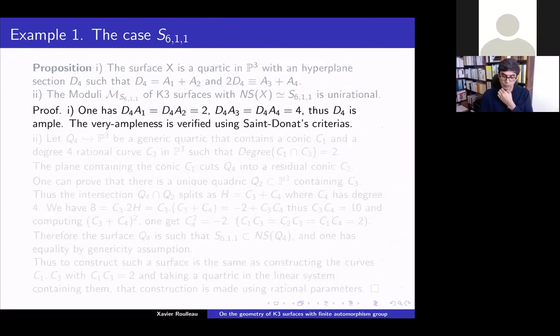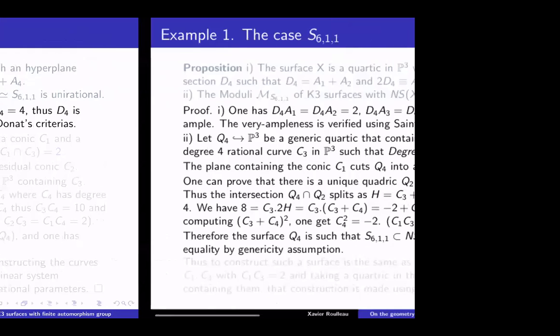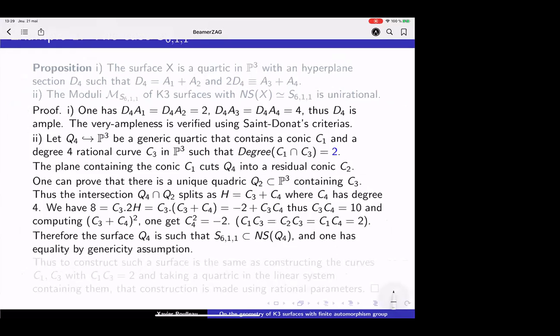For the proof, you compute that your divisor D4 is ample because the intersection with all the -2 curves is positive. That is sufficient to verify the ampleness, and for the very ampleness, you use some easy criteria of Saint-Donat.